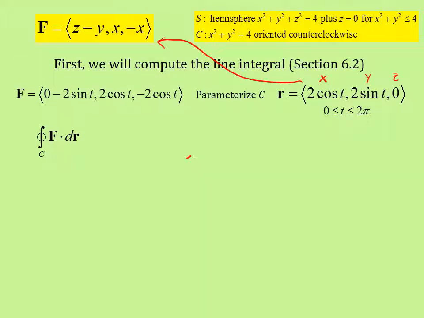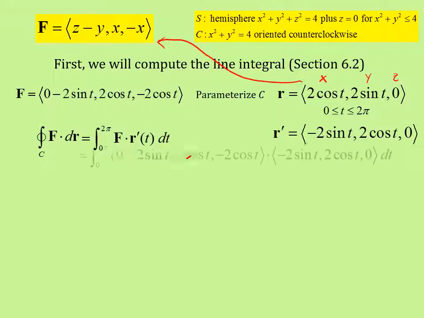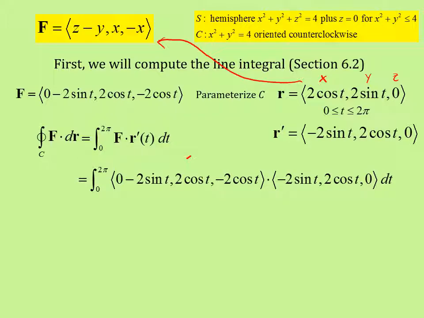We need to do the derivative of our curve to get r prime, and then do the dot product of F and r prime. We'll simplify that some and a little bit more, and that's a pretty easy integral to evaluate.